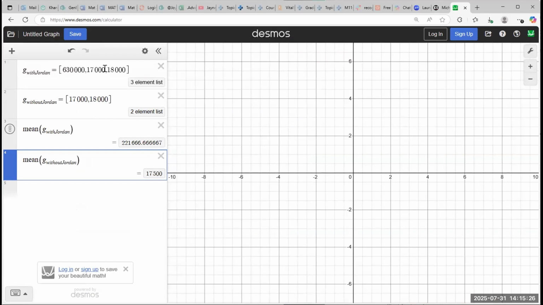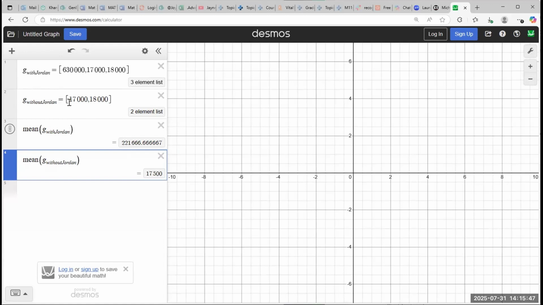Someone else got 17,000 and someone else got 18,000. Here's the list with Michael Jordan, and look at the mean. If we include Michael Jordan and these two other people who got regular salaries, the average salary does look like about 225,000, pretty close.